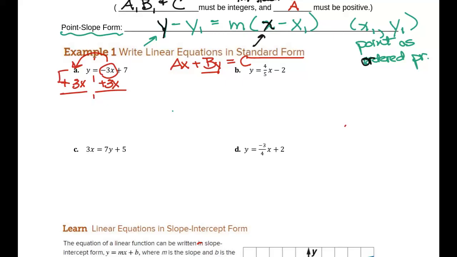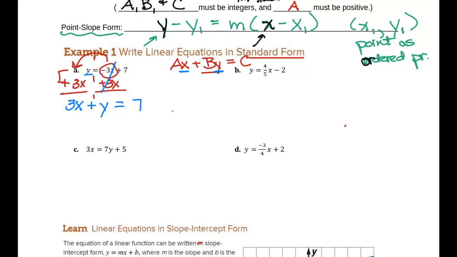It will on the right, but I want you to keep in mind for ax plus by, the x term comes before the y term, just like x comes before y in the alphabet. So I want 3x plus y right here, they don't combine, equals, these cancel out, and I'm left with 7.